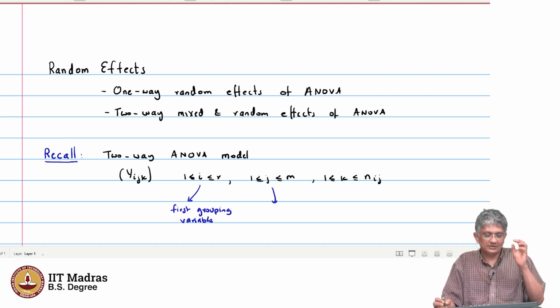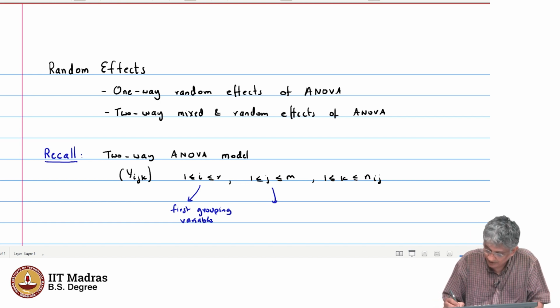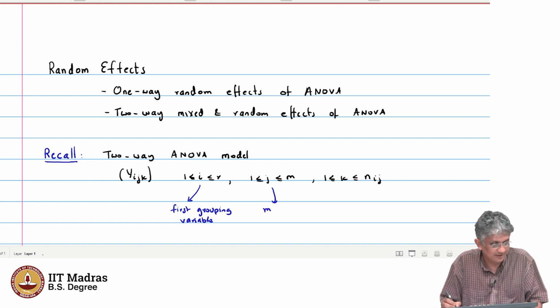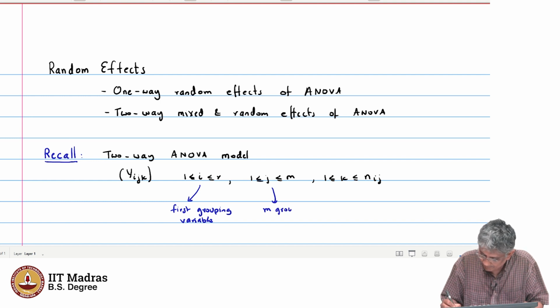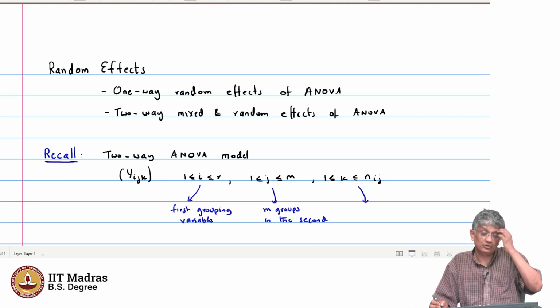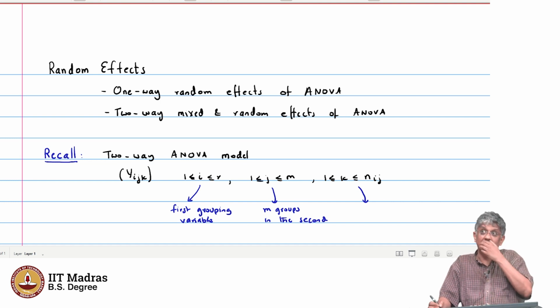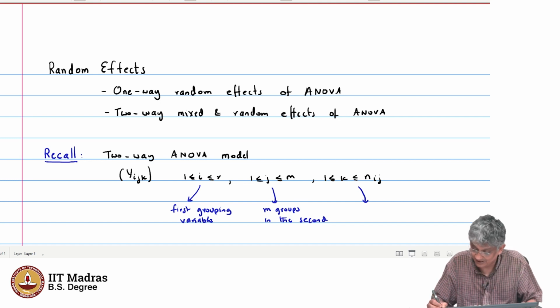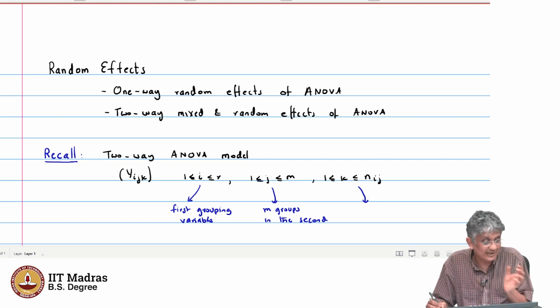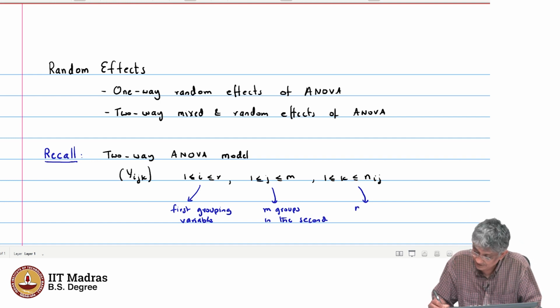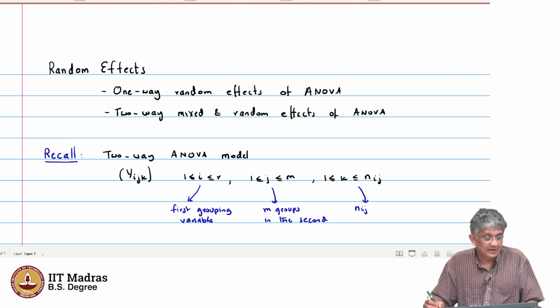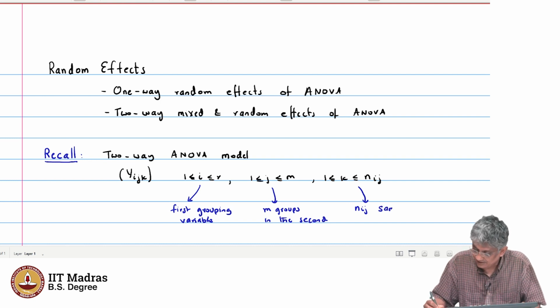There are M groups in the second grouping variable. And for each i and j, there are Nij samples.